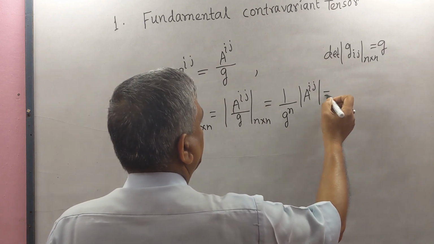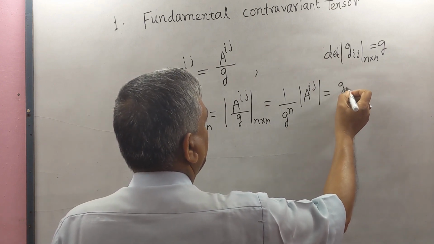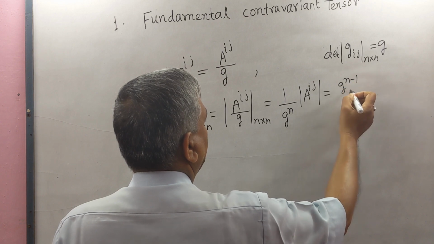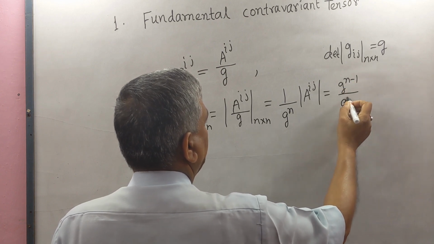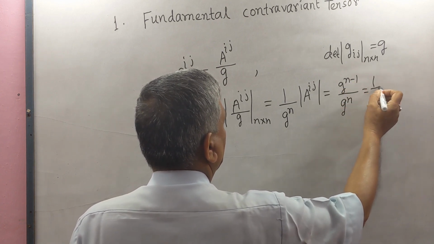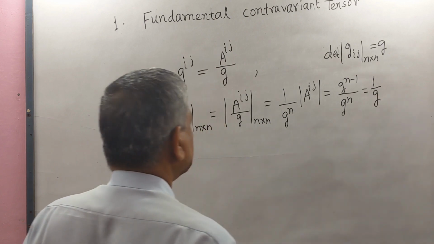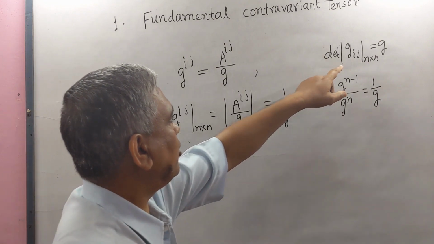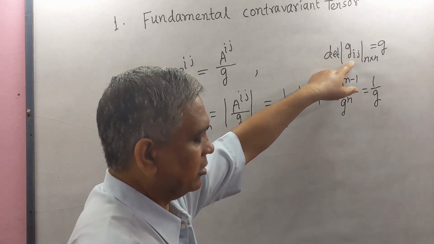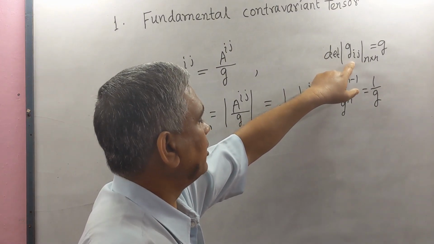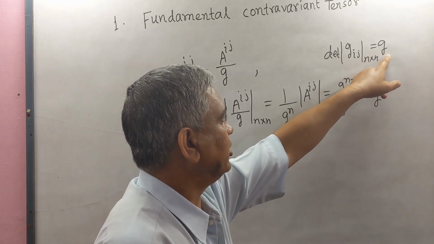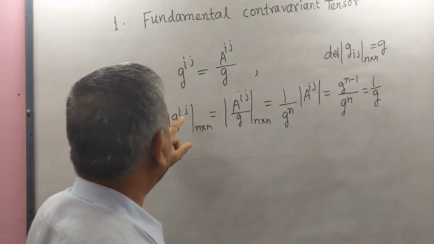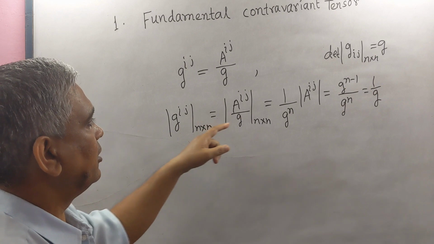This will be equal to g to the power n minus 1 by g to the power n, equal to 1 by g. So if the determinant of covariant g_ij is g, then the determinant of contravariant g^ij is 1 by g.